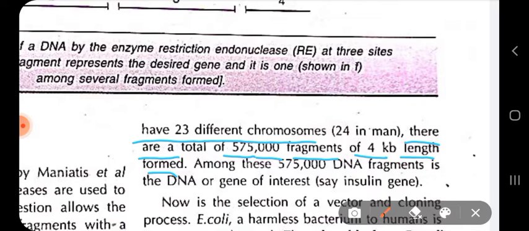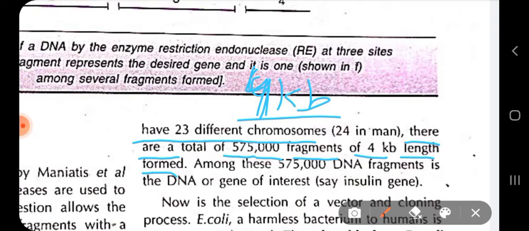If one chromosome can produce approximately 25,000 different DNA fragments, 23 chromosomes can produce approximately 575,000 DNA fragments, and each of these fragments has an average length of 4 kb.